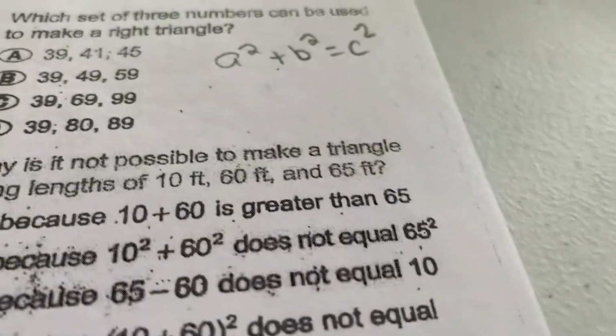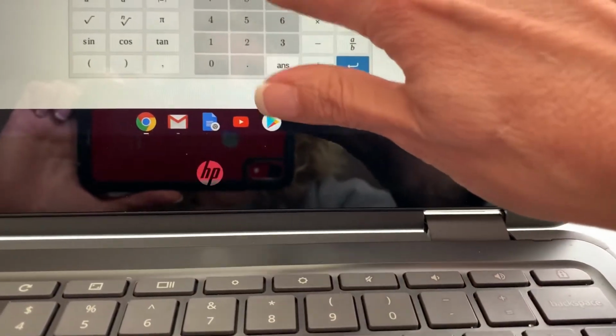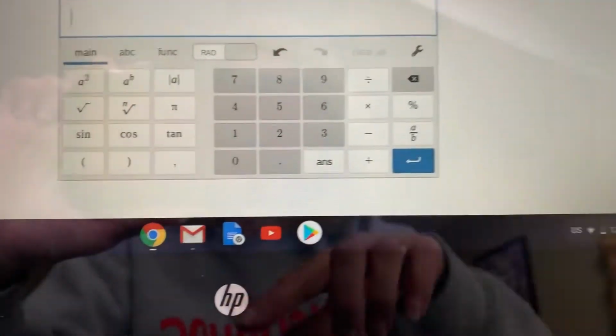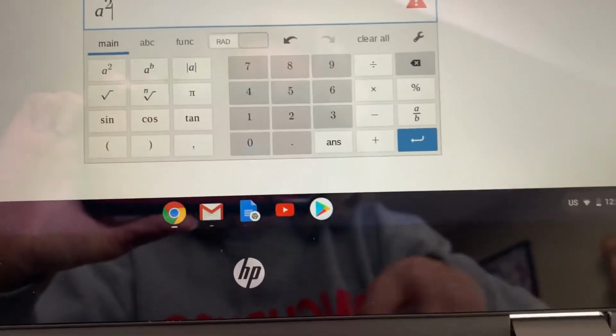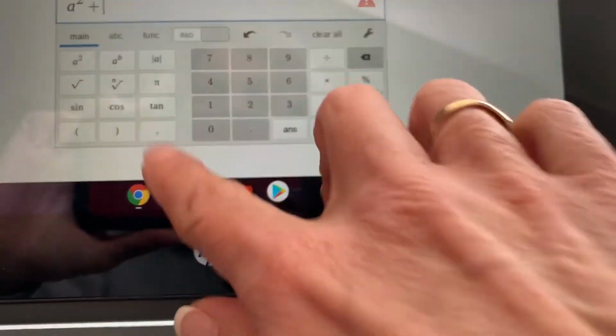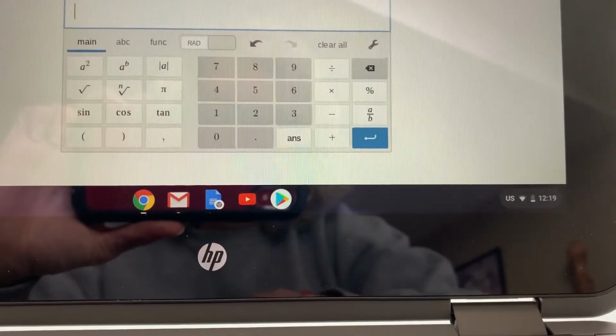Remember, a and b are going to be the two smaller numbers. So let's go up here to our Desmos and let's clear all this out. And we're going to type in a squared plus b squared. Then we're going to type in c squared.